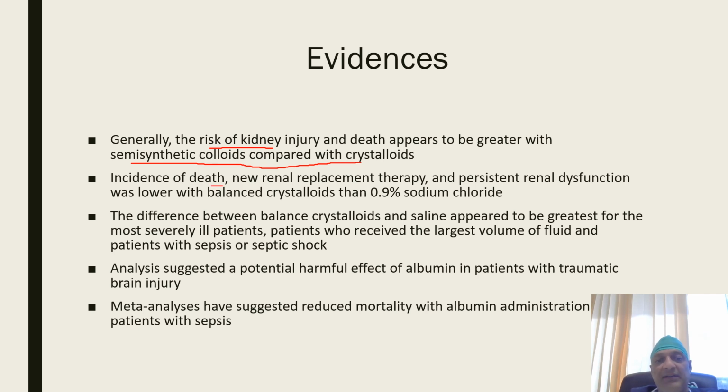The incidence of death, new renal replacement therapy, and persistent renal dysfunction was lower with balanced crystalloid than normal saline, and this effect was greatest for the most severely ill patients, patients who received the largest volume of fluid, and patients with sepsis or septic shock. It means in patients with septic shock, balanced crystalloids are better than normal saline. Analysis suggested a potential harmful effect of albumin in patients with traumatic brain injury, while albumin was beneficial for patients with sepsis and septic shock.